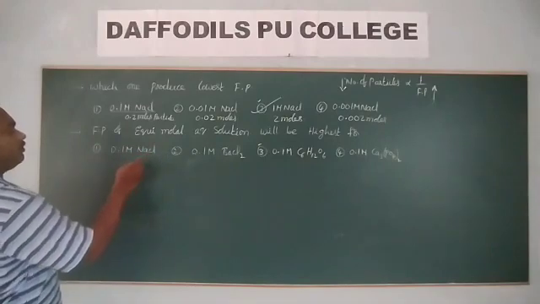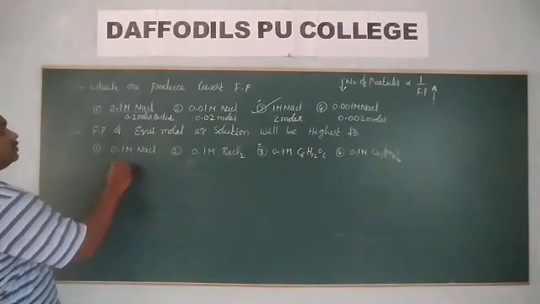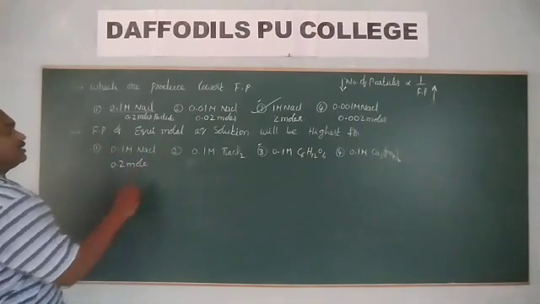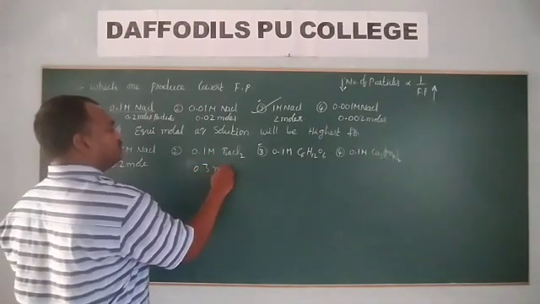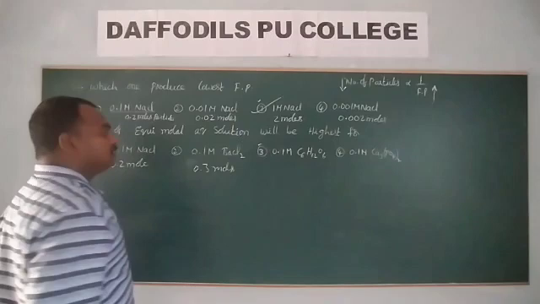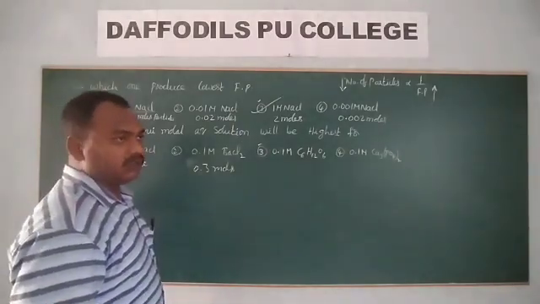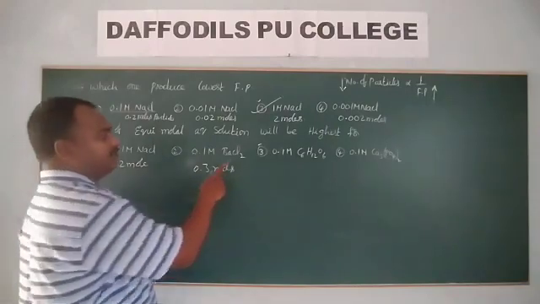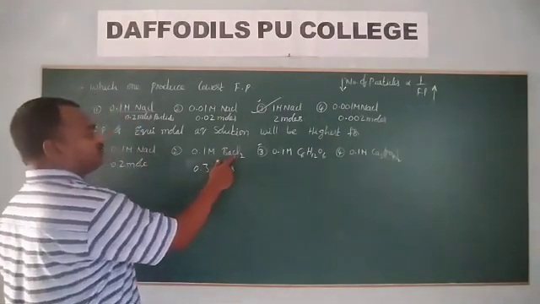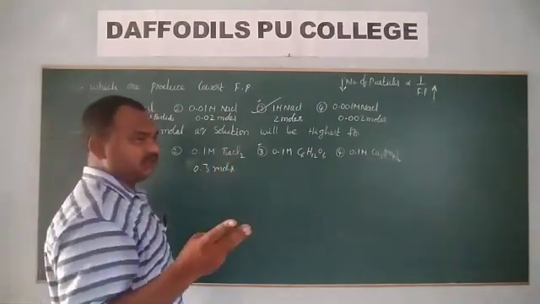How many moles of particles are there? 0.2 moles of particles are there. What about here? 0.3 moles of particles, because each barium chloride will give you 1 Ba2+ ion and 2 Cl- ions. Total number of particles from each BaCl2 is 3.